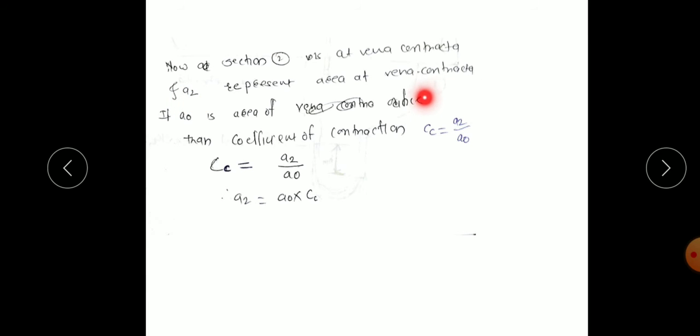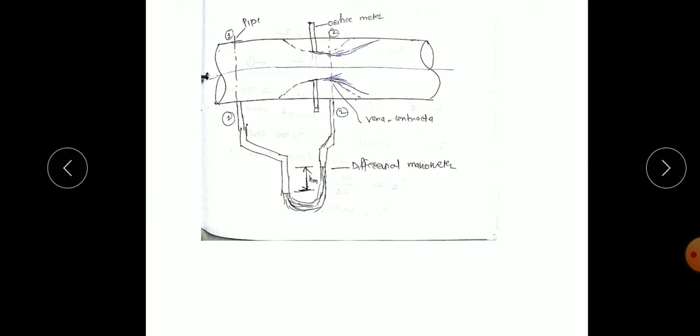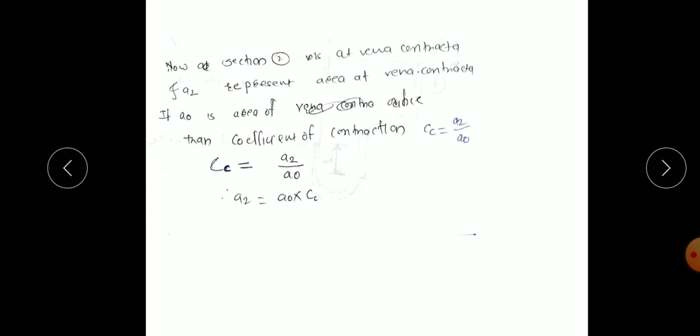So we can use a term, the coefficient of contraction. Here we can see this point is the orifice area, and this point is the area of the vena contracta A2. To relate these two areas, the coefficient of contraction is A2, the area of the vena contracta, upon the area of the orifice.